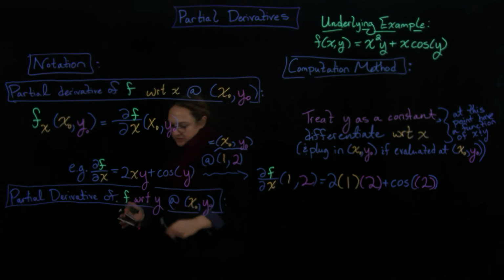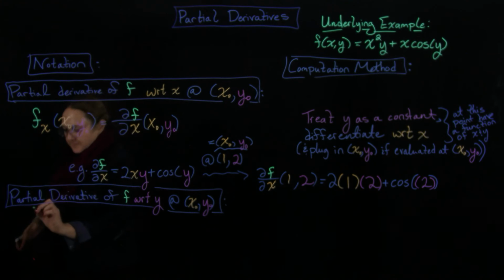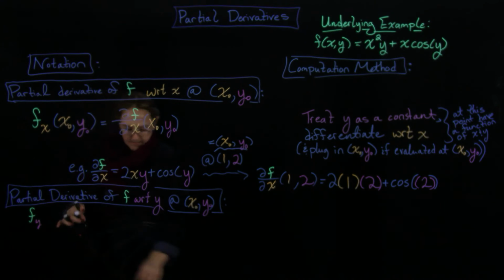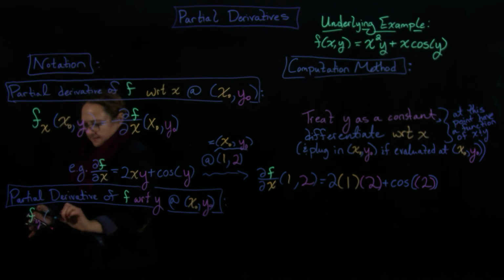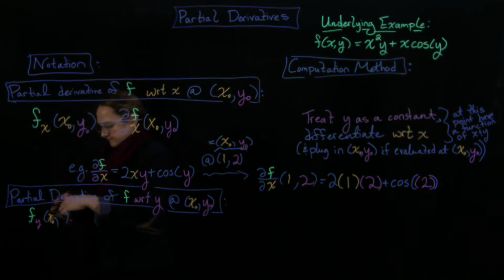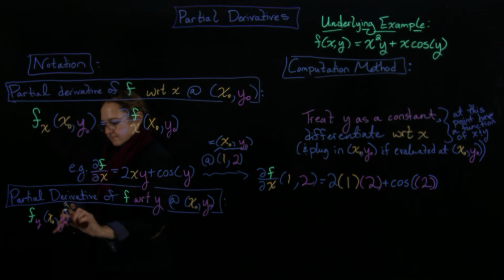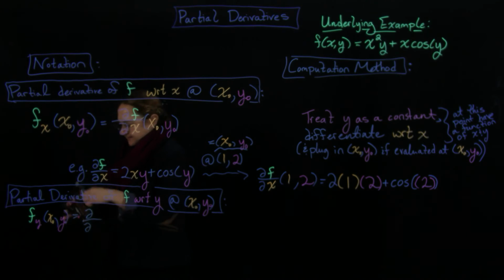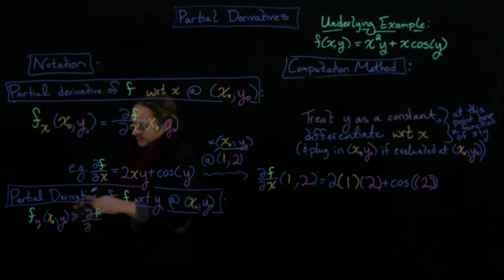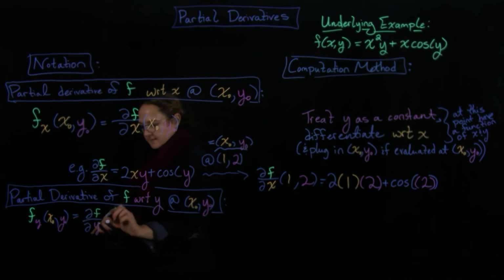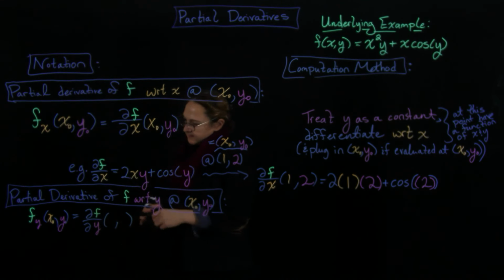So in terms of notation, we have both of the same notations, except that now we have y. And so this is x naught, y naught here. And then we again have something that looks like this, except that there's a y there. So this is with respect to y. We have evaluated at x naught, y naught.